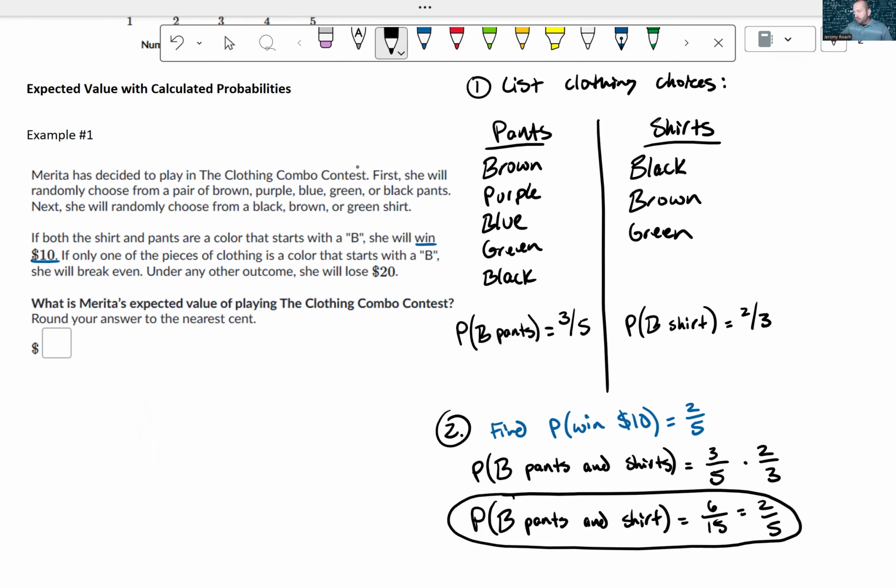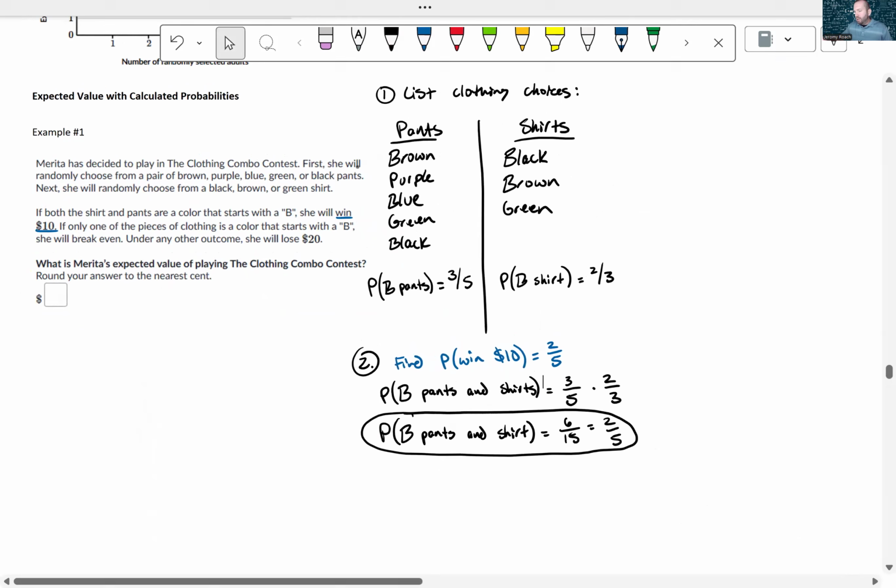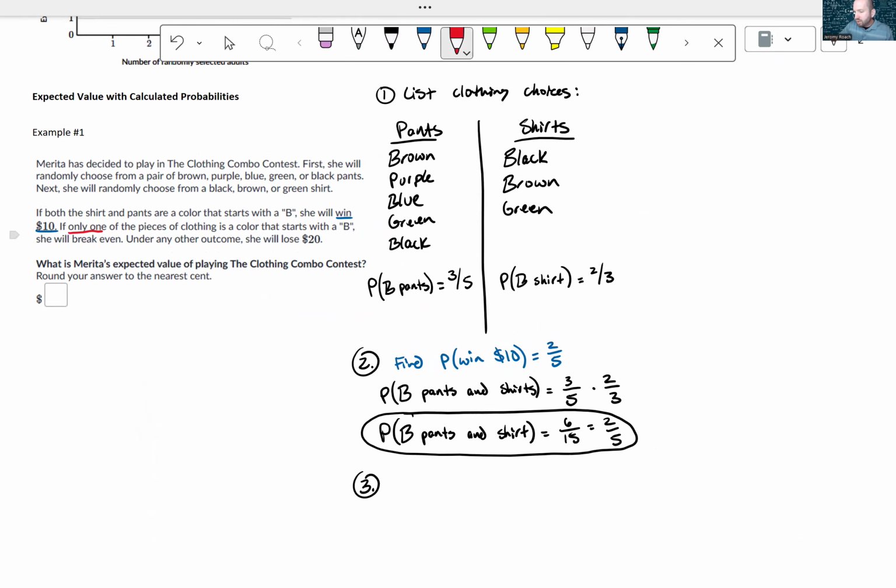Okay, so that's scenario one. Scenario two would be, this is for step three. Our next scenario would be if only one starts with a B, she breaks even. So we're going to find the probability of $0 or break even.